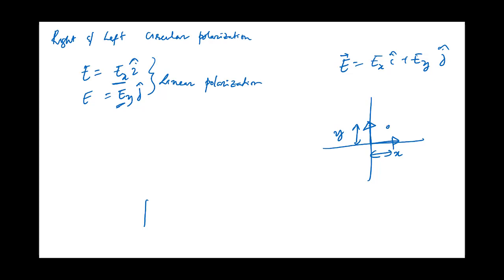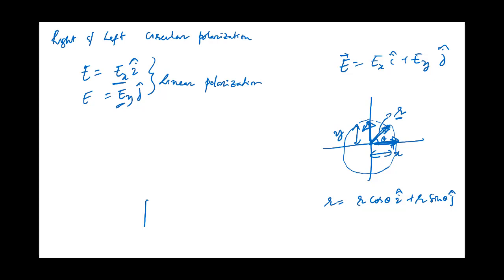Because if I pick a particle that's going around in a circle, right, and if I pick its direction at any particular point of time, let's call this r, let's call this theta. So at any time I can write r as r cosine theta along i plus r sine theta along j. So cosine theta is the component along x, sine theta is the component along y.